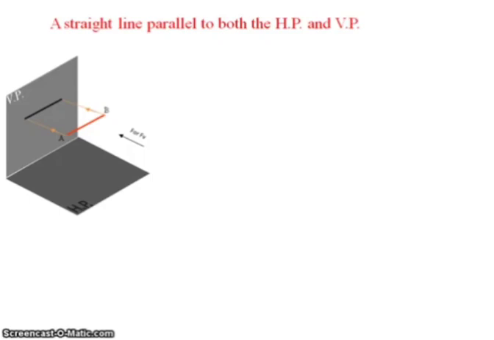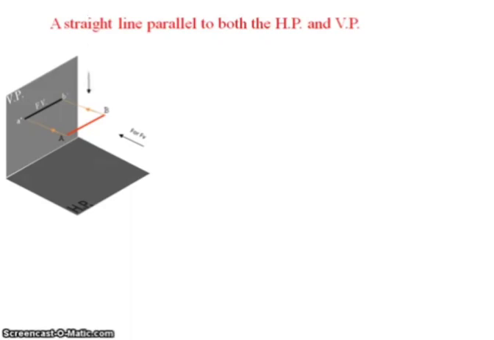Next I have given the name front view, and we will give the name as points A dash and B dash for the front view.